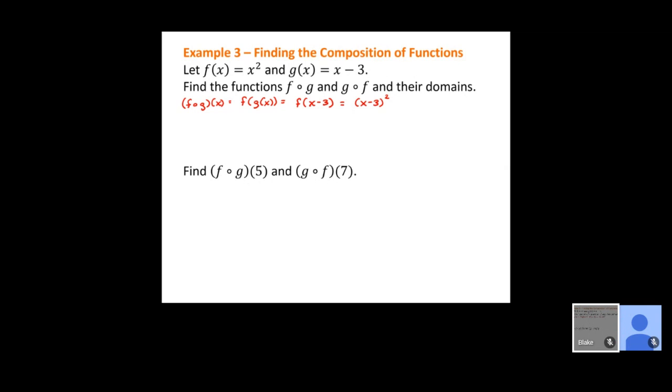So we just get x minus 3 all squared. So again, start with that inside function. In this case, that's the g of x. Replace g of x with x minus 3. And then whatever we get there, we're substituting that into the outside function. So substitute that into the f function to get x minus 3 squared. Any questions on finding that function now?